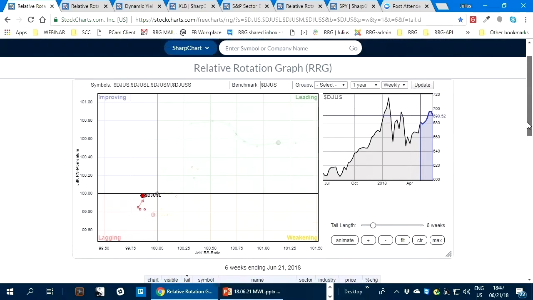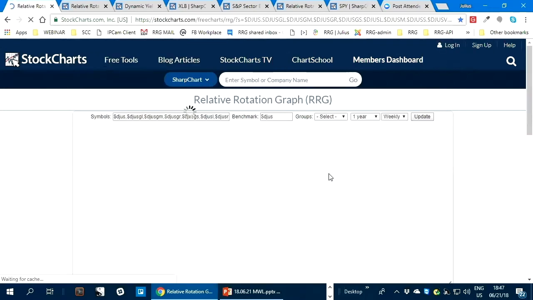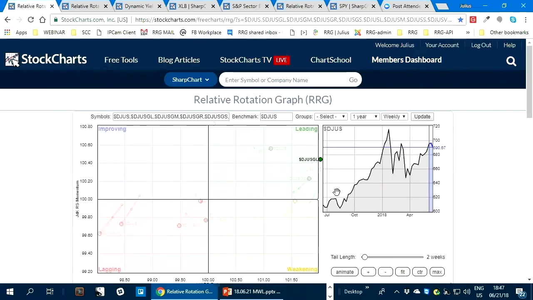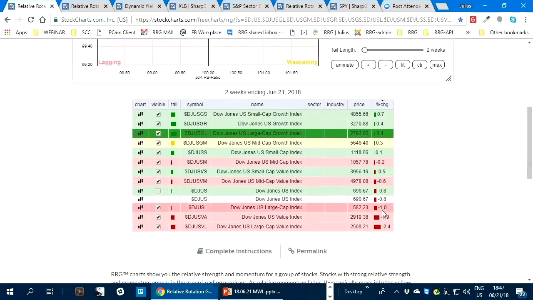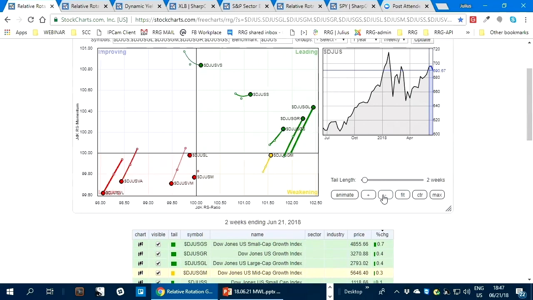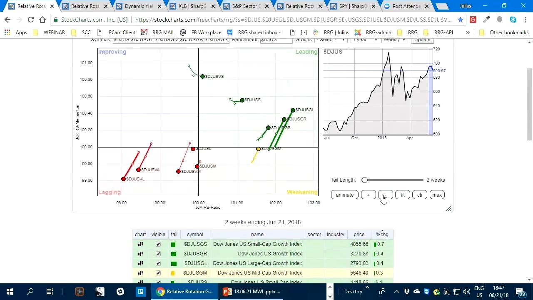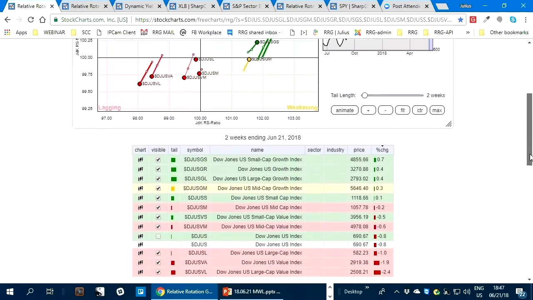And I have another one that I've set up, and I call it all in one, because you can also split these sector indices in value and growth. So if we look here, this is US growth large caps.